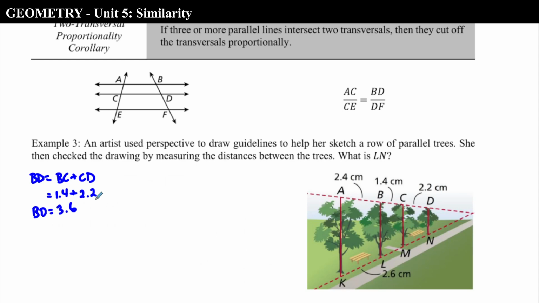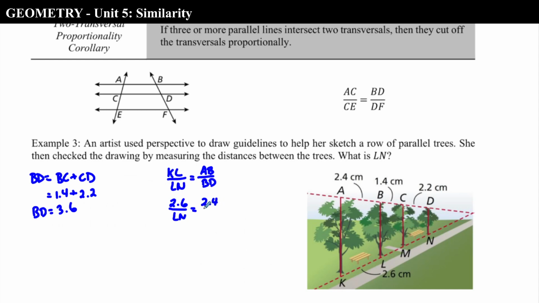So now let's set up our proportions. KL to LN on the bottom is going to be set equal to AB to BD on the top. So let's plug in our values. KL is 2.6. LN is what we are looking for. AB is 2.4.